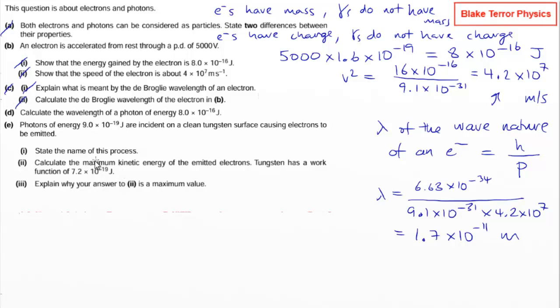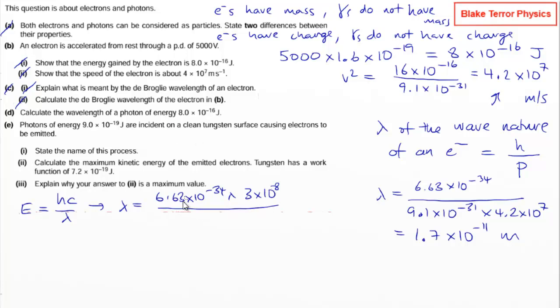Okay, all good. Part D, calculate the wavelength of a photon of energy 8 times 10 to the minus 16 joules. So if we're doing the energy in terms of wavelength, that's our hc over lambda. So that means that our wavelength then is going to be equal to 6.63 times 10 to the minus 34 multiplied by 3 times 10 to the 8.